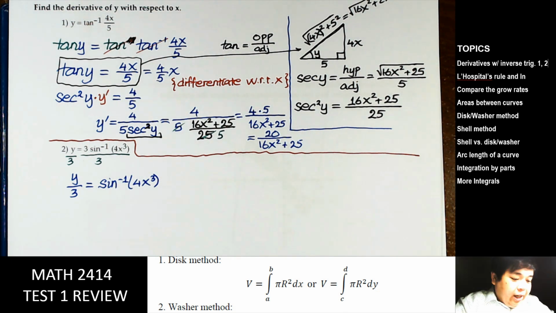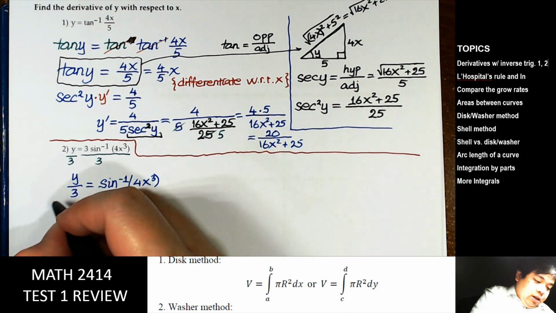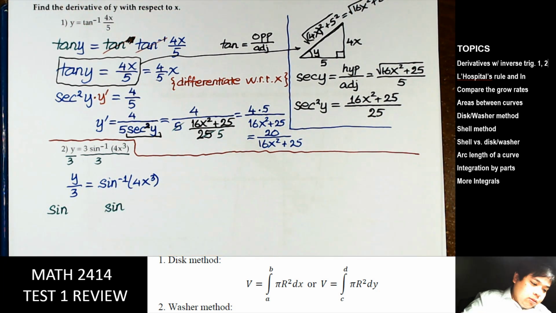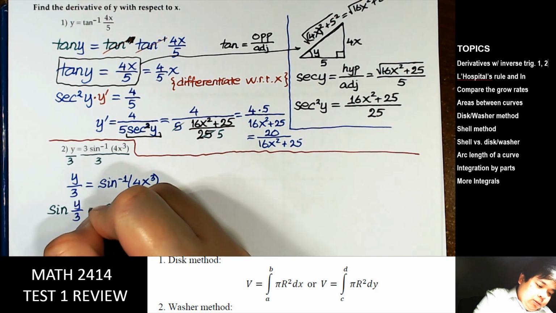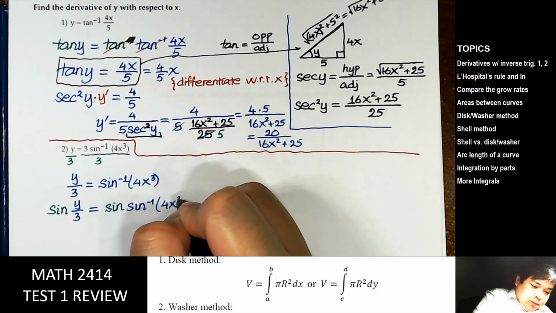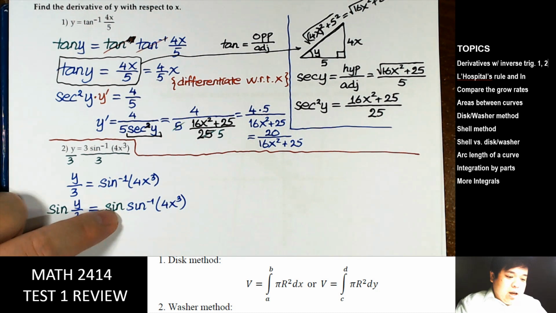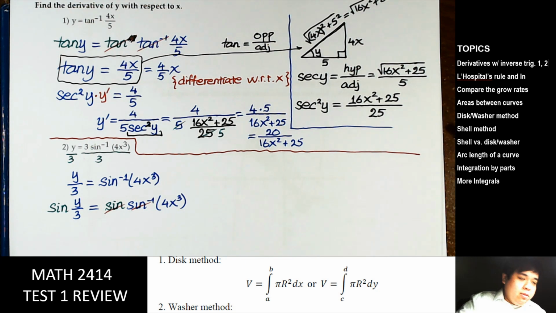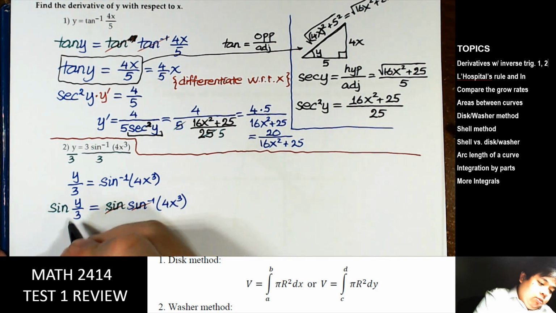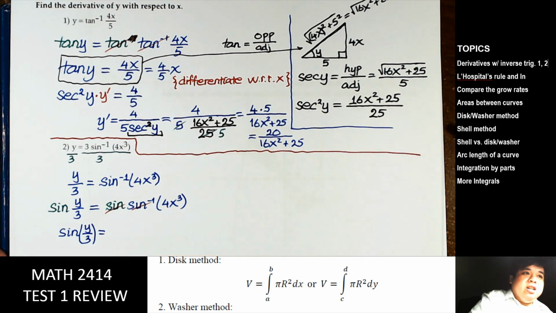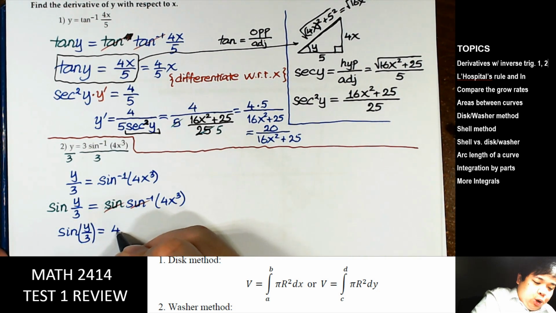Then we can take the sine function on both sides. Sine and sine inverse cancel out. So we have sine of y over 3, you can just put the parentheses like this, equal to 4x cubed on the other side.